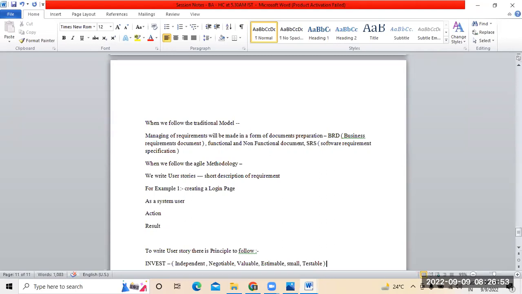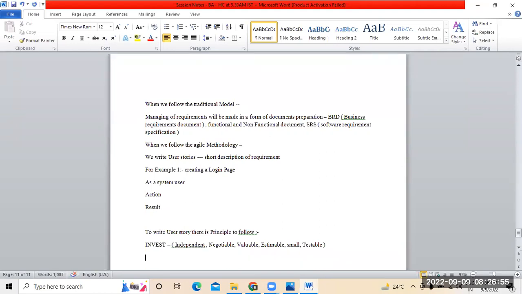Now, I am writing down a user story for creating a login page. How do you write it? I'll show you. For creating a login page. Okay.